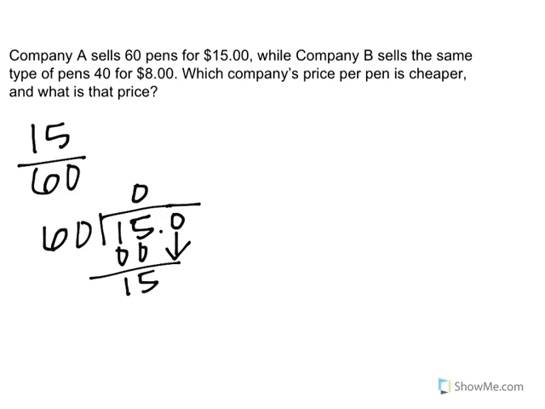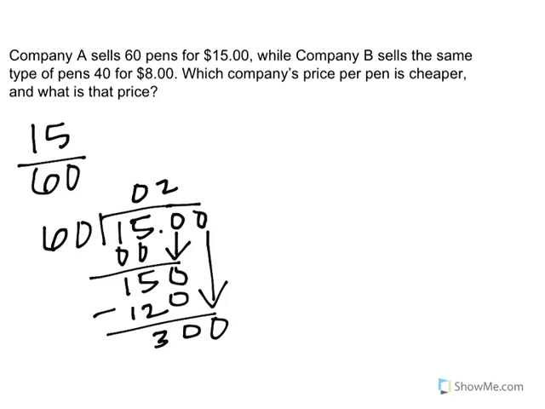So to bring down the first 0, well, 60 can go into 150. So 6 goes into 15 2 times. 2 times 0 is 0. 2 times 6 is 12. So we subtract. 0 minus 0 is 0. 5 minus 2 is 3. 1 minus 1 is 0. So now we add another 0.